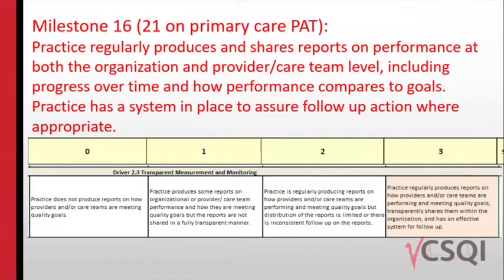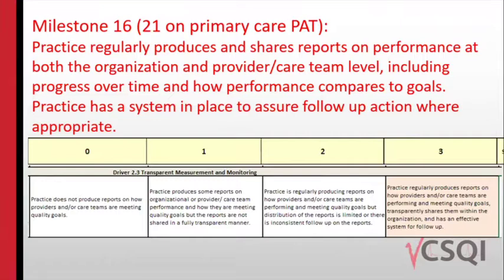A score of a 2 would indicate that the practice is regularly producing reports on how providers or care teams are performing and meeting quality goals, but the distribution of the reports is limited or there is inconsistent follow-up. So for many practices involved in TCPI, this project right now, they are regularly producing reports or quality data quarterly, because that's how we ask practices to submit that.